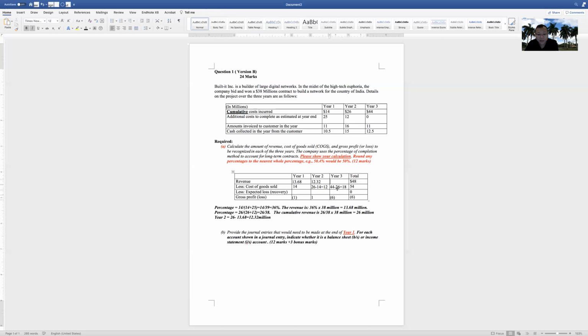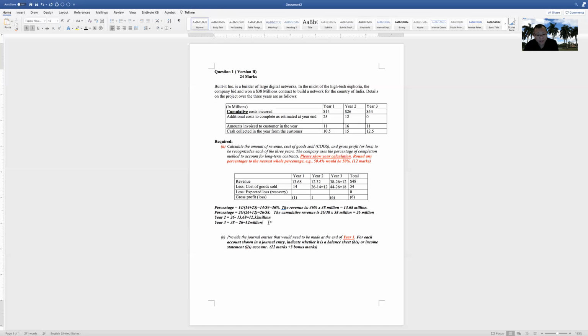And year 3, in total, it's 38, right? 38 minus 26 is 12. Okay, so year 3 equals, total is 38 minus the 26 you accumulated so far, that's 12 million.